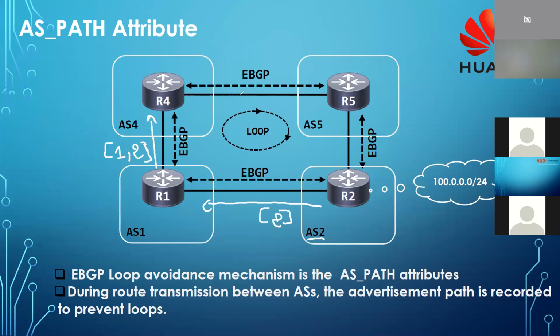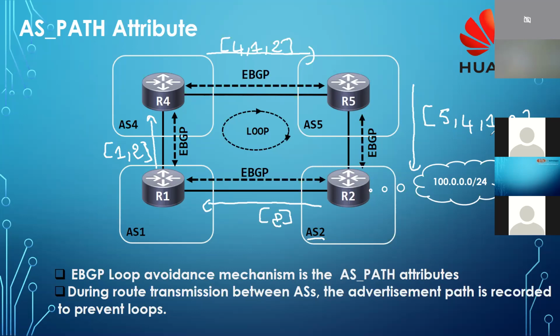When R4 sends the update to R5, it will do the same. It will add its AS number. So when R5 receives the route, it will send it to R2, saying pass via 5, 4, 1, 2. Now this is the loop avoidance mechanism. When R2 receives the update, it will check if its autonomous system is inside the AS path attribute.